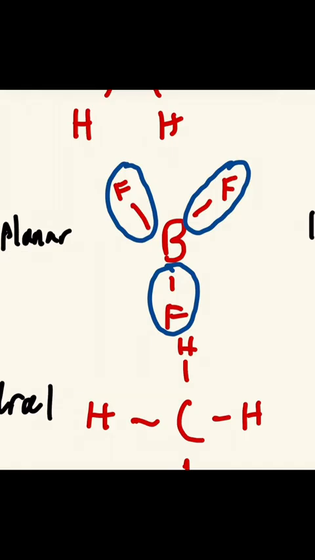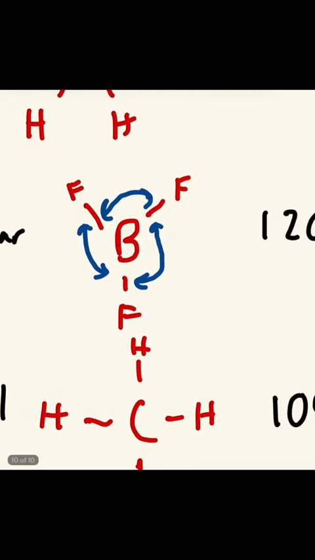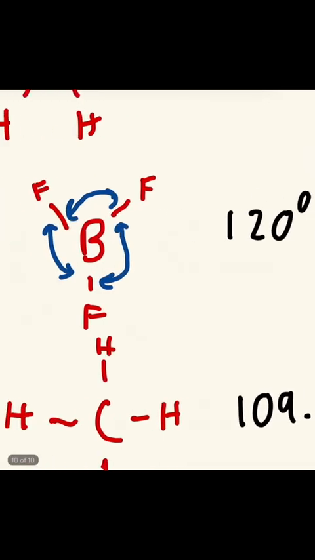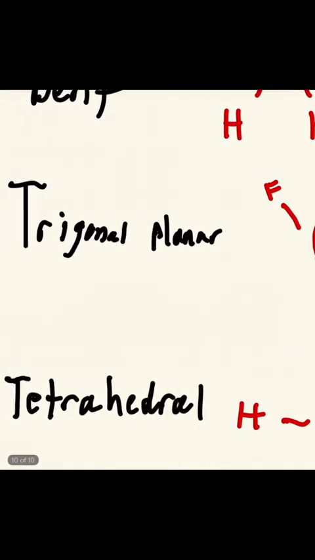So because they're all the same, they all repel each other to the same degree. They're all pushing each other away around that boron atom, so they're evenly spaced around it. And that angle is 120 degrees. So all of these will be 120. So that is trigonal planar.